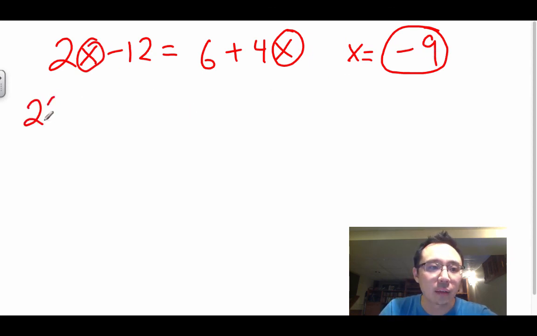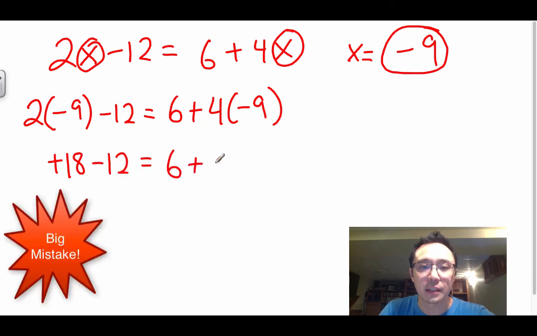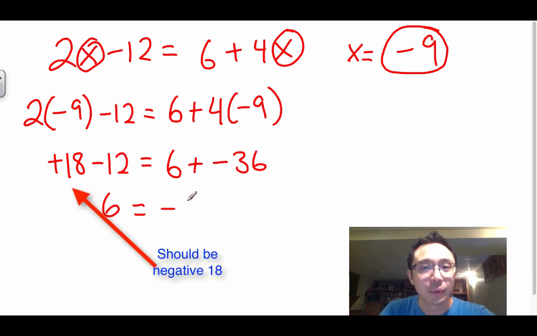So 2, I'm going to write my little brackets, negative 9, box them in, subtract 12 is equal to 6 plus 4 times negative 9. There you go. So then 2 times negative 9 is 18. Subtract 12 is equal to 6 plus negative 36. So then this is going to be equal to 6 is equal to negative 30.